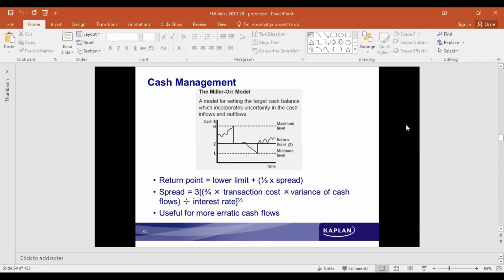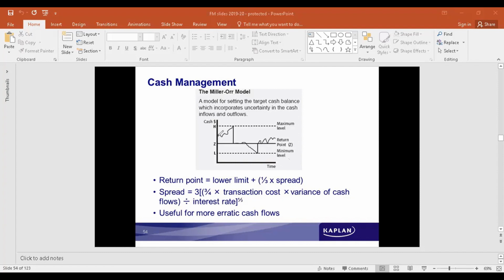So according to this model, there should be a minimum level of cash balance that has to be decided. The least requirement of cash is the minimum level. The maximum requirement of cash is the maximum level. Both of them would be decided.